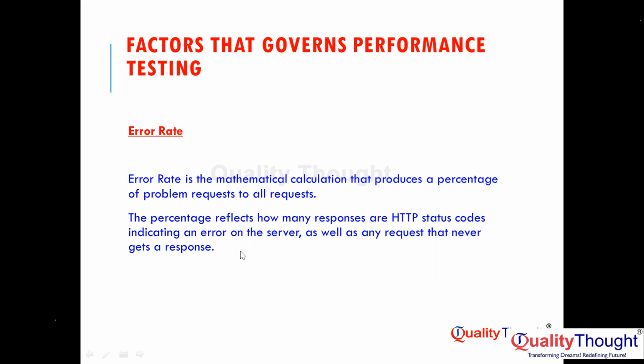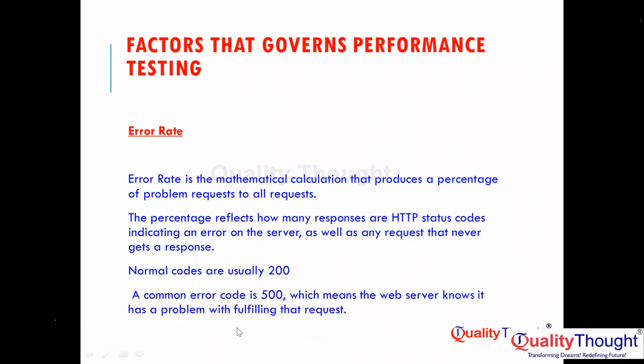If you are not getting the success, then it is a failure. So usually 200 is for success. As an example, 400 and 500 series are error status codes.